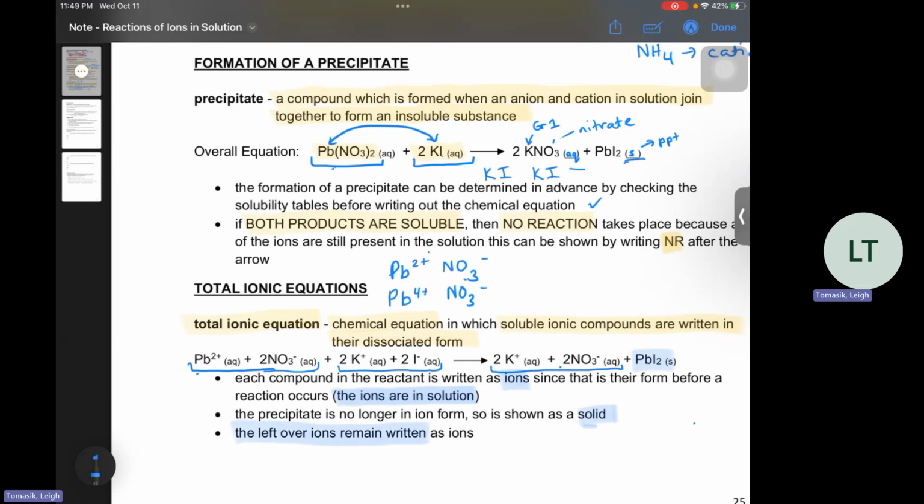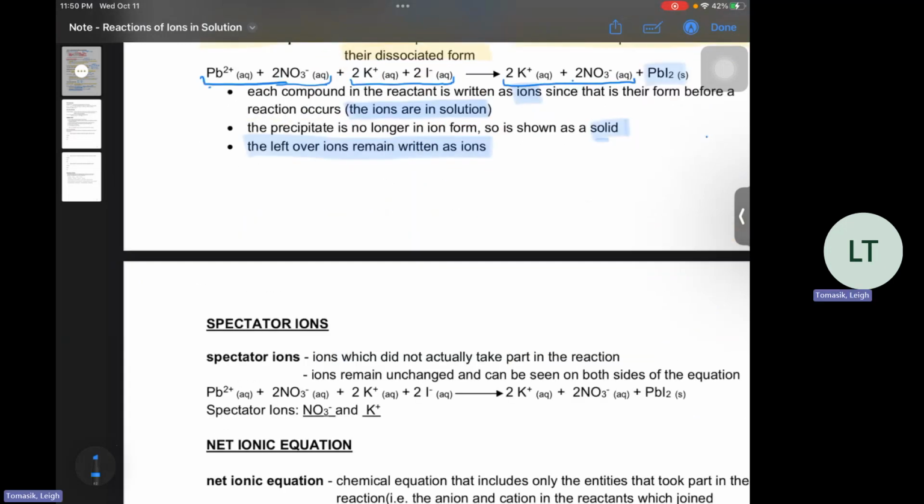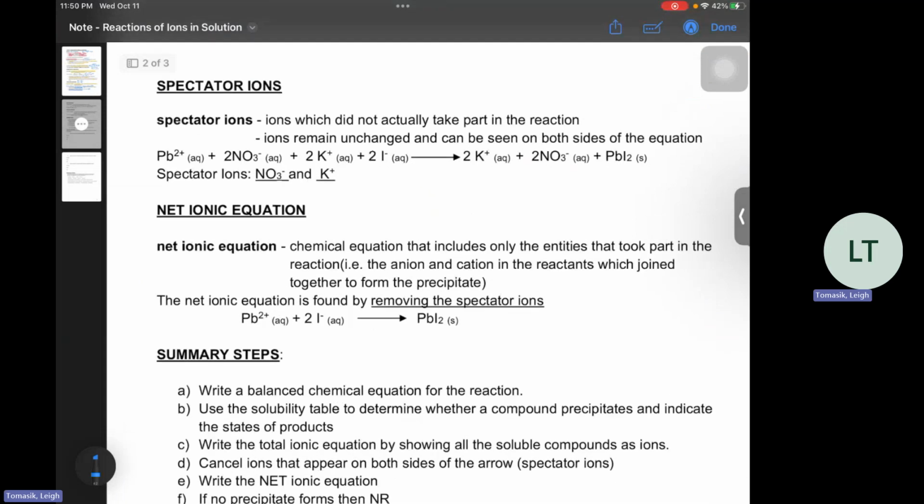The leftover ions remain written as ions. Okay, so everything that is an aqueous compound gets broken into ions. The precipitate is not an aqueous compound, it stays as is. Then we have the spectator ions. So when you're looking at the total ionic equation, you'll see that some ions appear as ions on both sides, right?